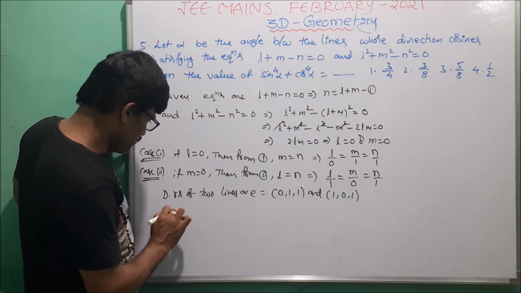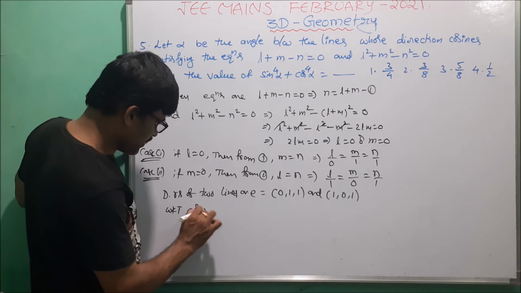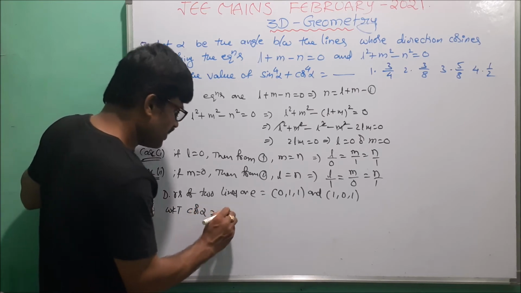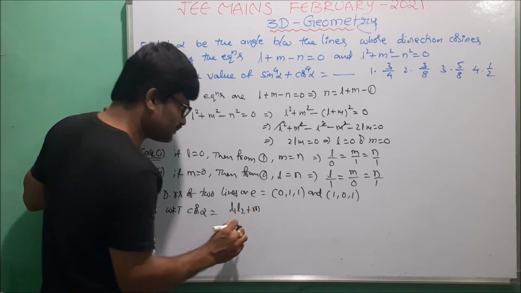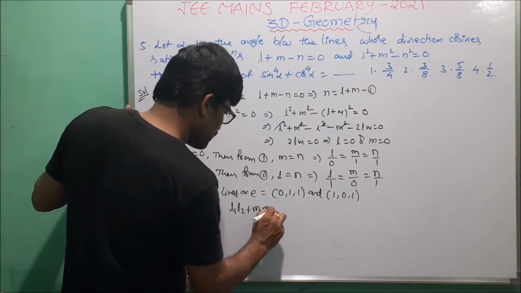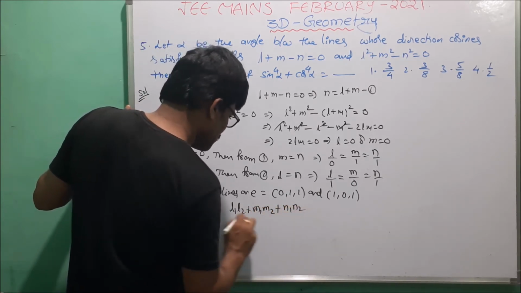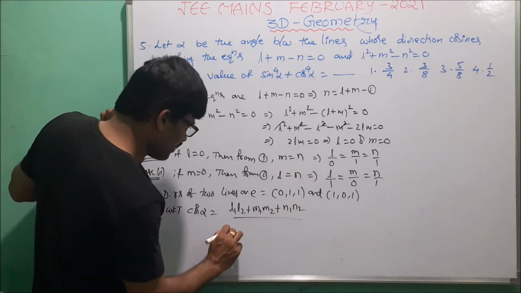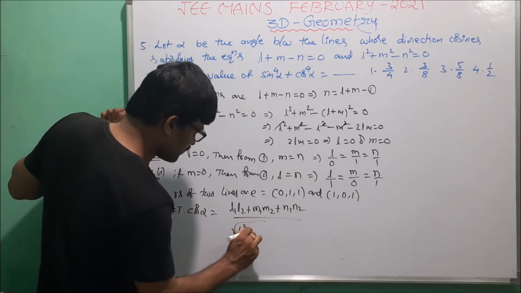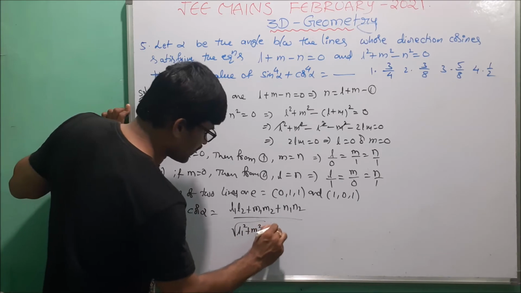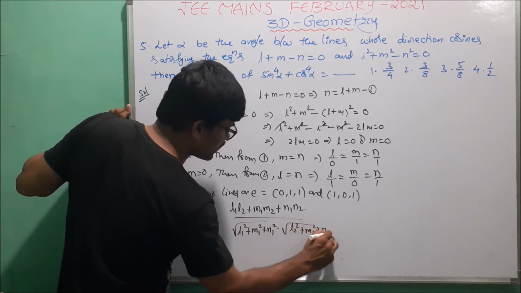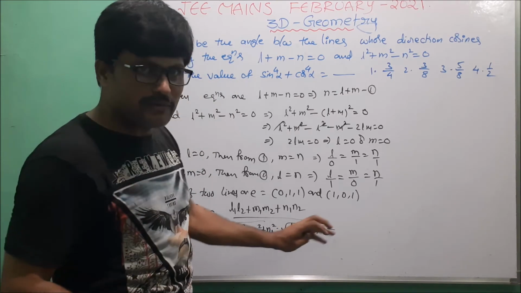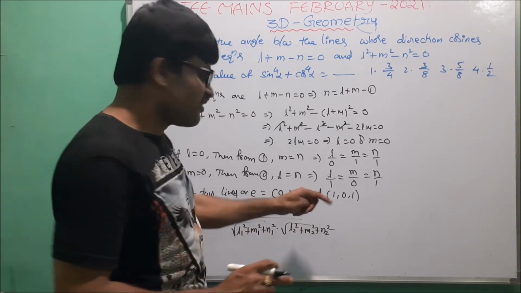So we know that cos alpha equals l1 l2 plus m1 m2 plus n1 n2 by square root of l1 square plus m1 square plus n1 square into l2 square plus m2 square plus n2 square. Here l1 m1 n1 and l2 m2 n2 are direction ratios.